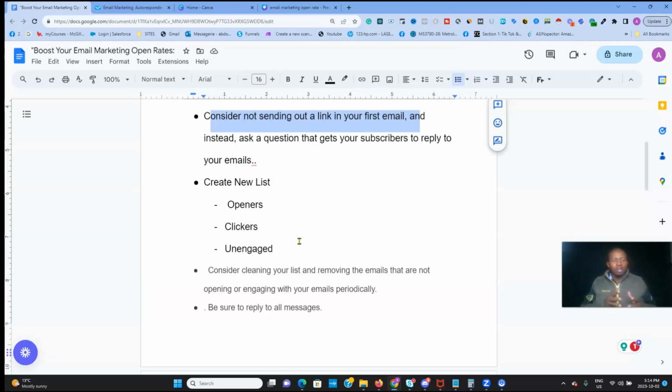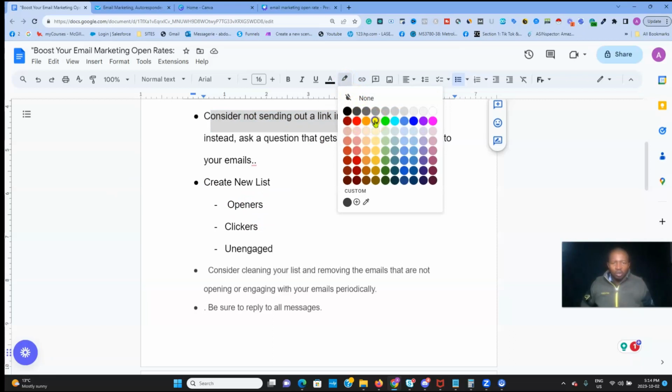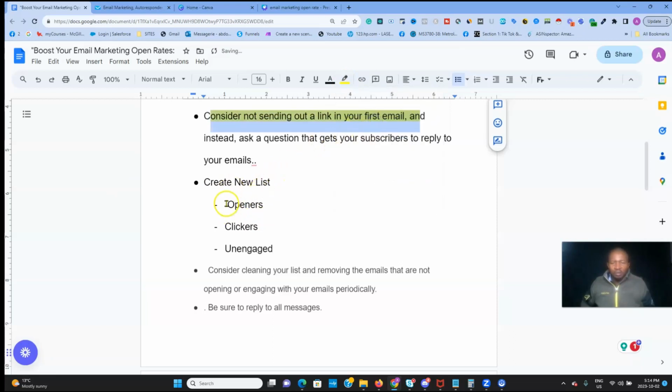So you need to divide your list like this. Whenever people are opening your email, you automatically put them in the opener list. So your goal is to increase the opener list.